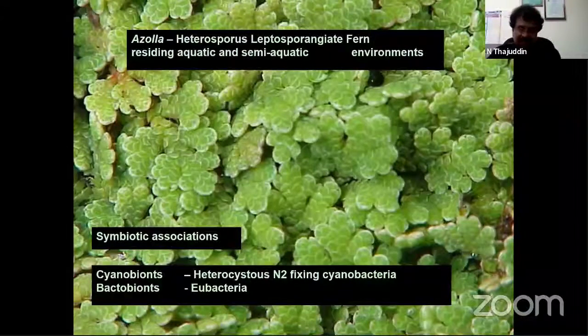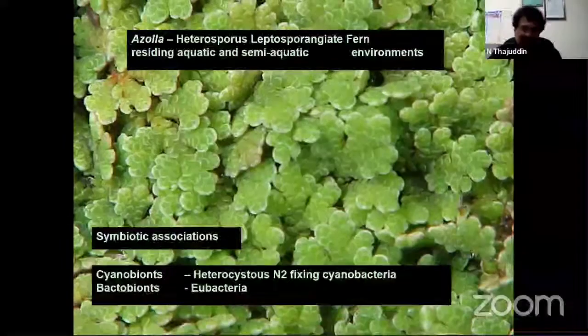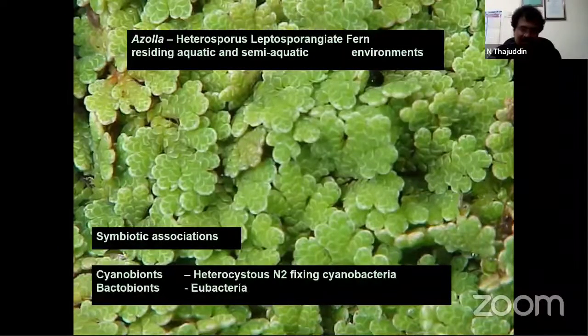Initially we collect the whole genomic DNA from the Azolla. It contains the eukaryotic Azolla DNA and two other kinds of DNA, from the cyanobacterial symbiont 16S rRNA as well as the bacterial symbiont 16S rRNA.